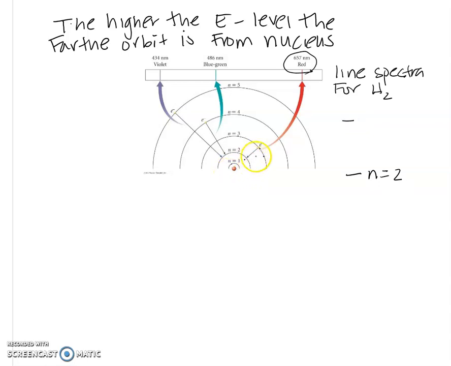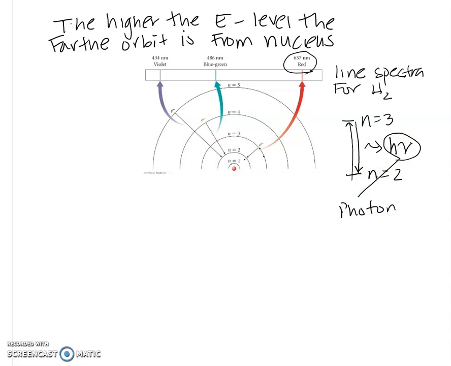And then ours is coming down from n equals 3 to n equals 2. So the electron got excited, and then it relaxed back down. And when it does that, it's going to emit a photon, or the packet of light. So if you guys recall, the formula for that before was the energy was equal to h times nu. So here again, this represents our photon of light.